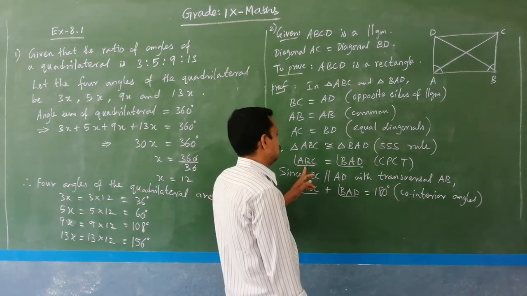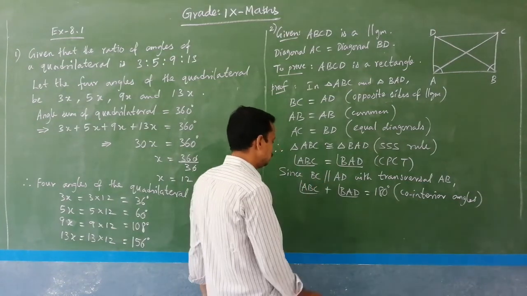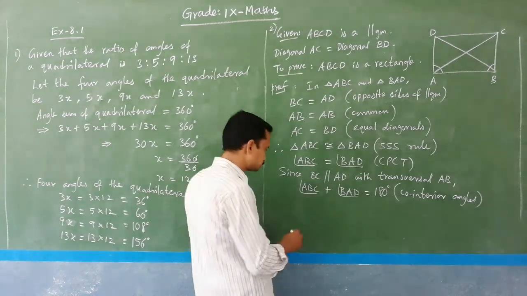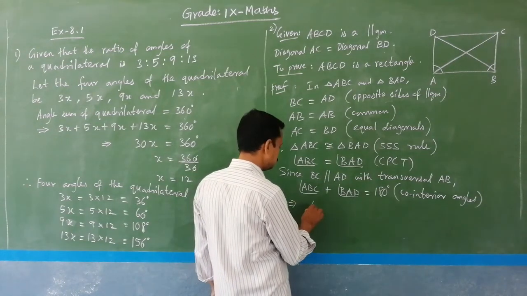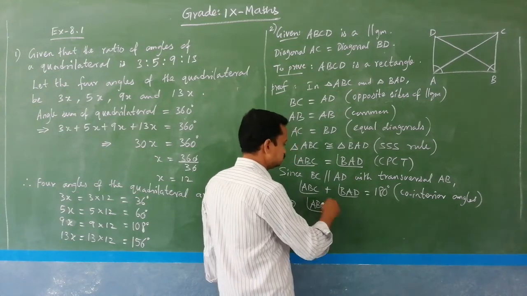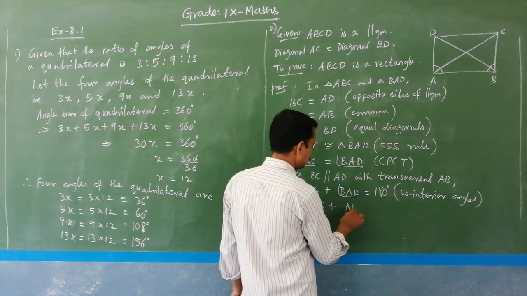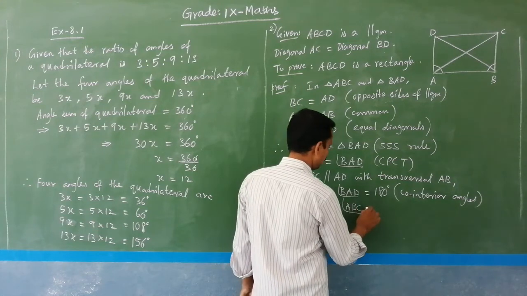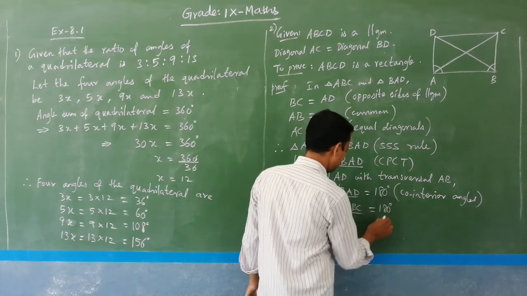And above we have proved they are equal. So, we can replace any one by the other. This implies ABC plus, for BAD also you can put ABC, is equal to 180.